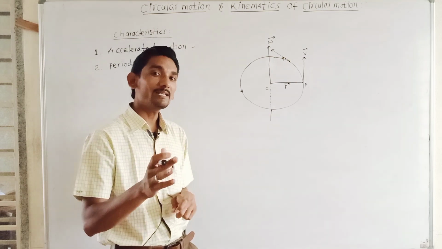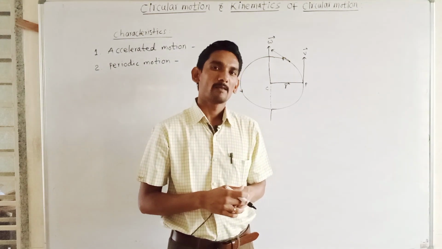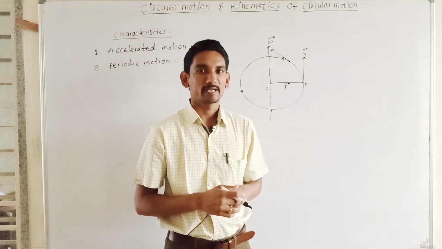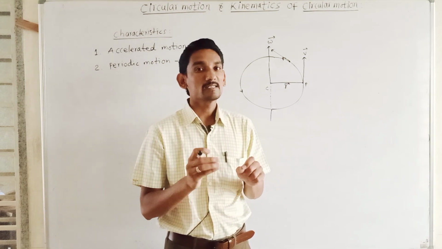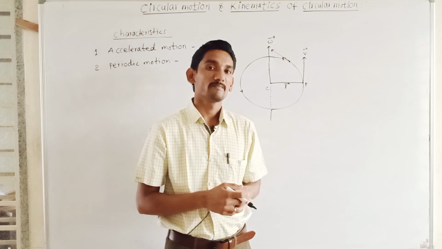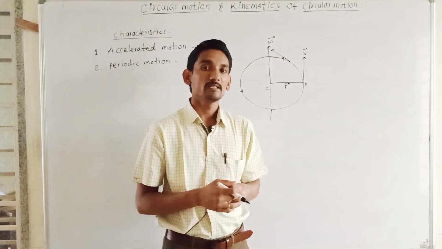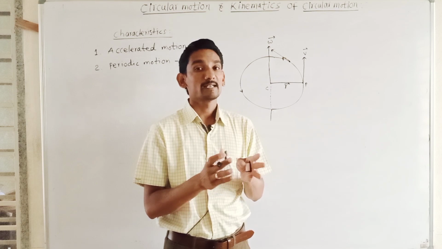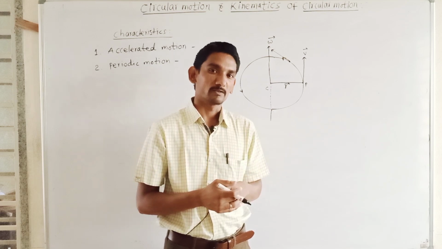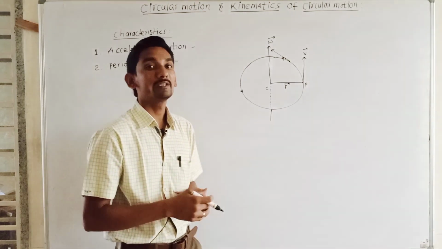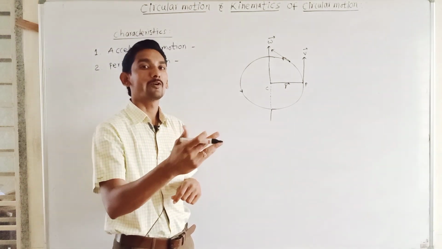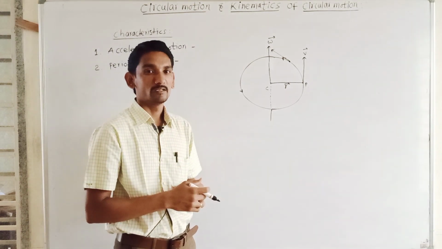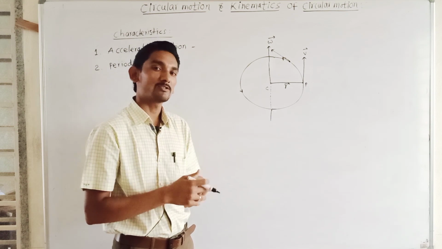So kinematics is the branch or subfield of classical mechanics in which we consider the motion of a particle, a body, or systems. We can consider a number of bodies together. So we can deal with the motion of a particle, body, or system, but we can't deal with the causes of the motion.